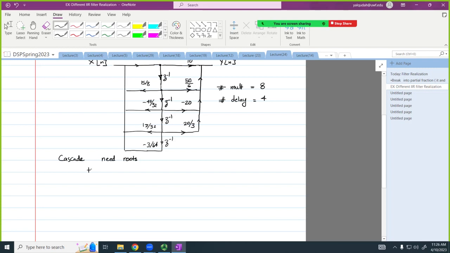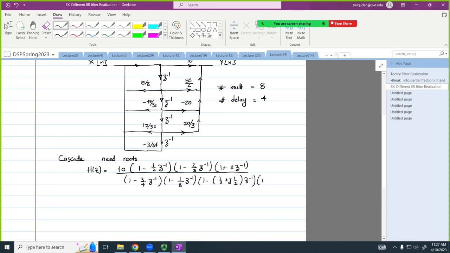And therefore, we're going to write H of z as equal to 10 multiplied by 1 minus 1/2 z to the negative 1, multiplied by 1 minus 2/3 z to the negative 1, multiplied by 1 plus 2 z to the negative 1, divided by 1 minus 3/4 z to the negative 1, multiplied by 1 minus 1/8 z to the negative 1, multiplied by 1 minus (1/2 plus j 1/2) z to the negative 1, multiplied by 1 minus (1/2 minus j 1/2) z to the negative 1.